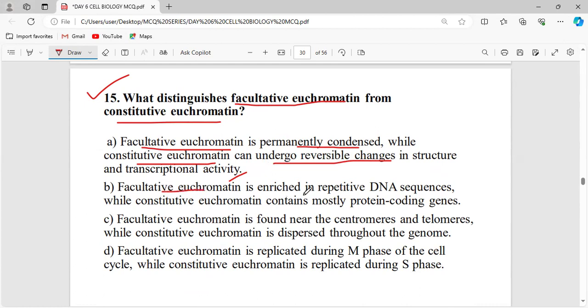Facultative euchromatin is enriched in repetitive DNA sequences, while constitutive euchromatin contains mostly protein coding regions. Facultative euchromatin is found near the centromere and telomere, while constitutive euchromatin is dispersed throughout the genome. Facultative euchromatin is replicated during the M phase of the cell cycle, while constitutive euchromatin is replicated during the S phase.